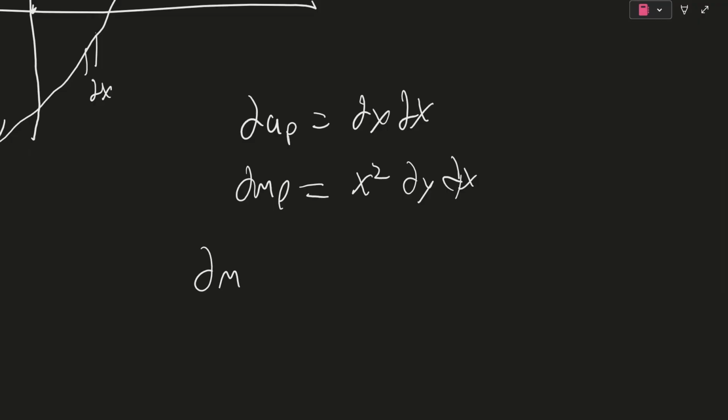Remember that the integral of dm of a point over a region is going to be equal to our dm strip, which is what we want to actually find.